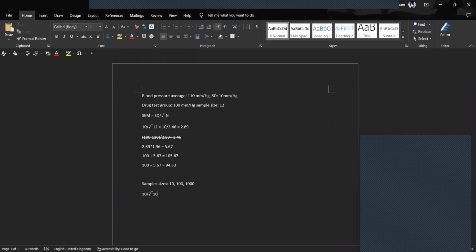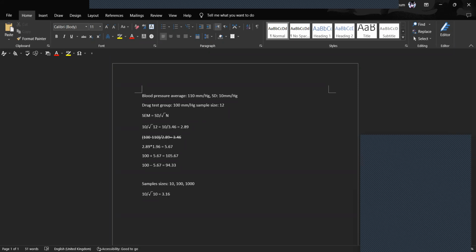So for 10 divided by the square root of 10, that's going to be 3.16.